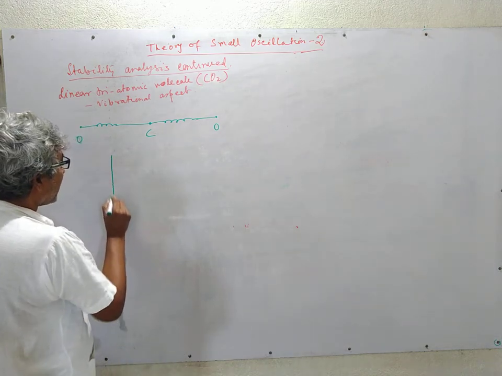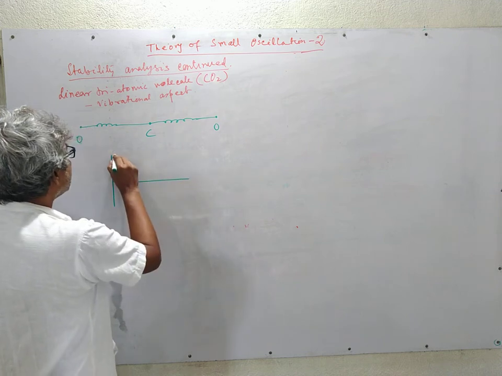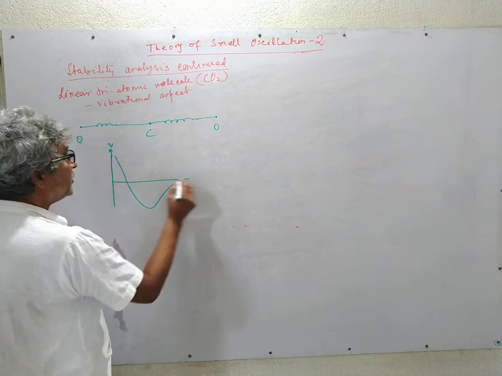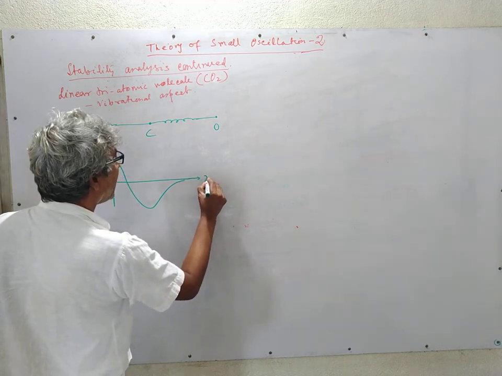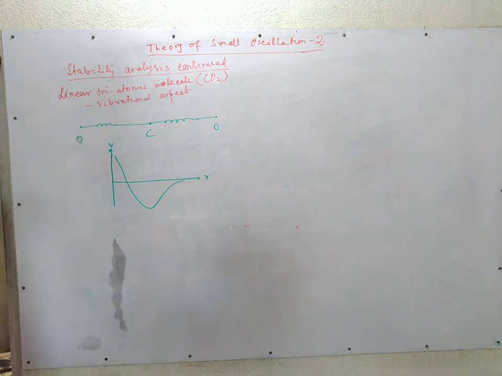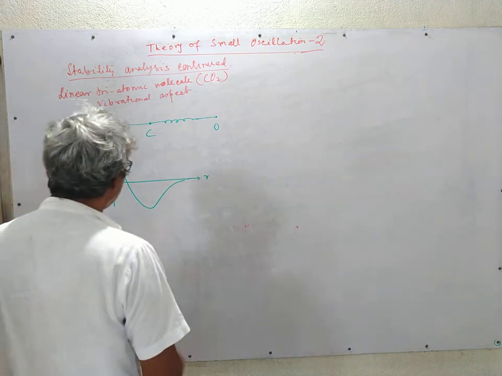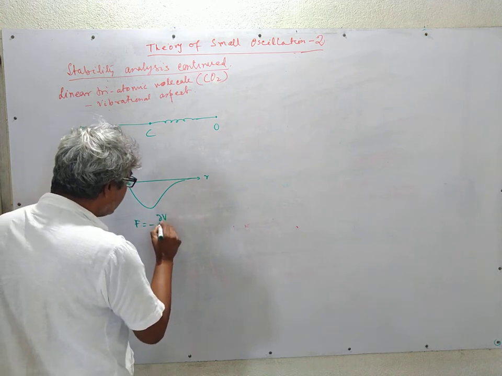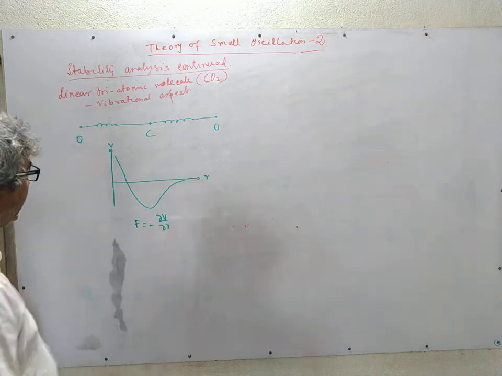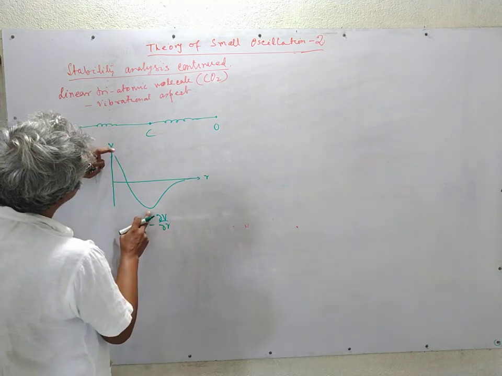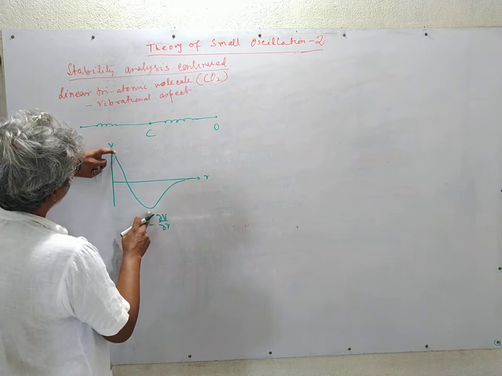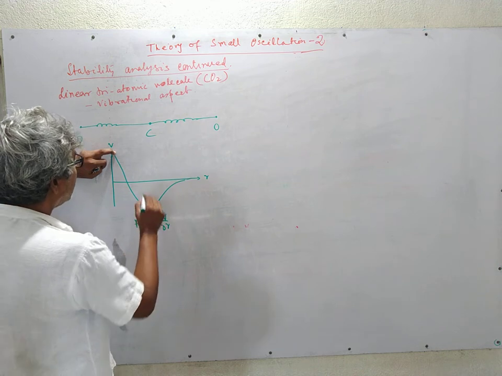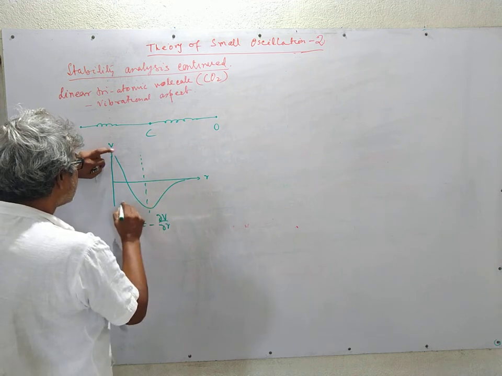The typical graph of the Lennard-Jones potential is of this sort. This is the potential V and this is the separation, say R for the three-dimensional case. You know that force F is equal to minus del V del R. In this region, as R increases, V decreases, so in this part the force is repulsive.